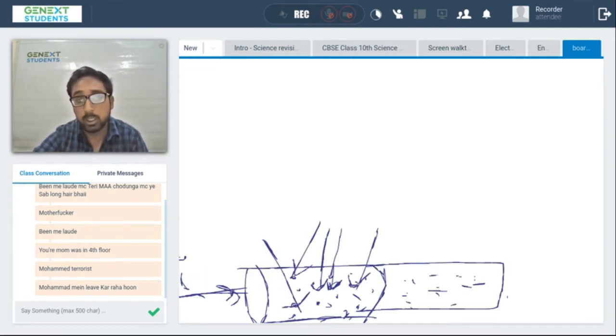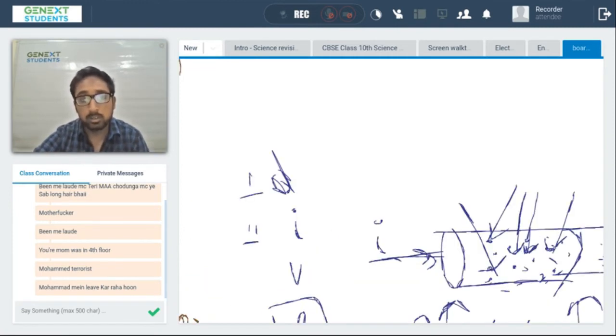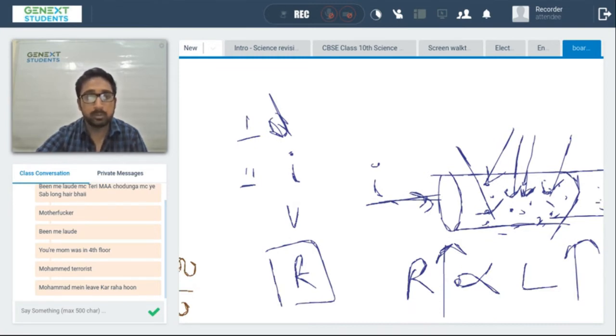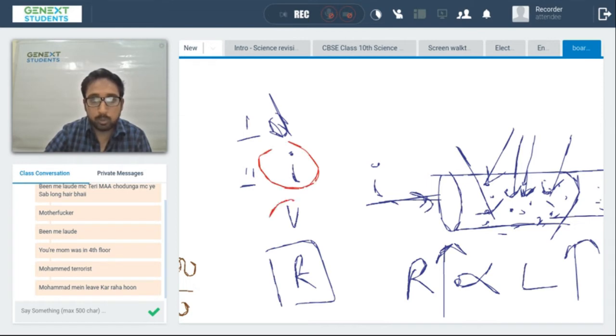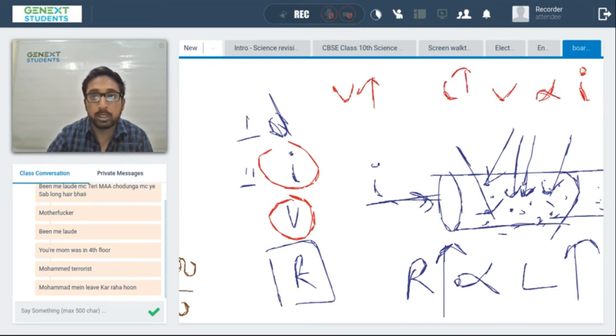Before I come to that formula, I also want to come to this formula. We have talked about current and we have talked about potential. So what do we see? As soon as I increase the potential, the current gets increased. Therefore, potential is directly proportional to current.